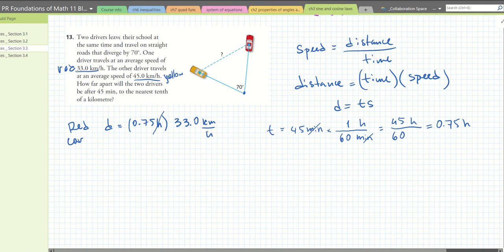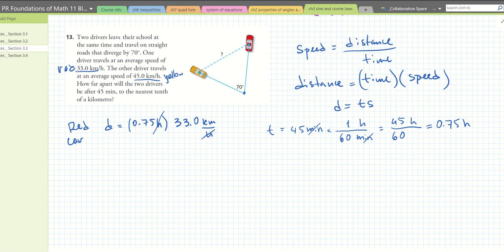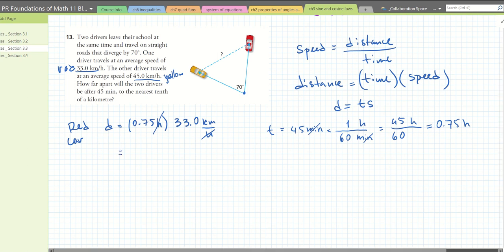So notice here the hours and the hours will cancel out, and you're left with just the kilometers, which is the distance. So 0.75 times 33 is going to be 24.75 kilometers. So that's going to be this distance right here, 24.75 kilometers. That's the distance for the red car, not the yellow.